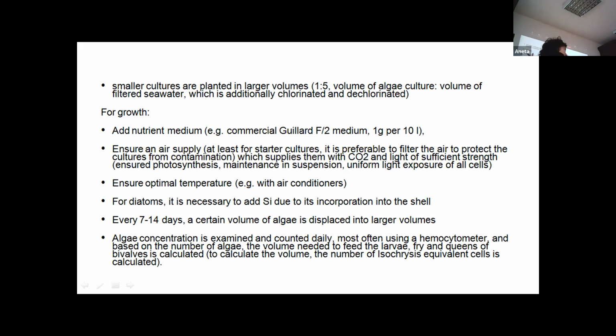This is what I told, that they were in history, and this is what we need to know when we farm it. First of all, in aquaculture we need to calculate the quantity of feed that we will give to algae.